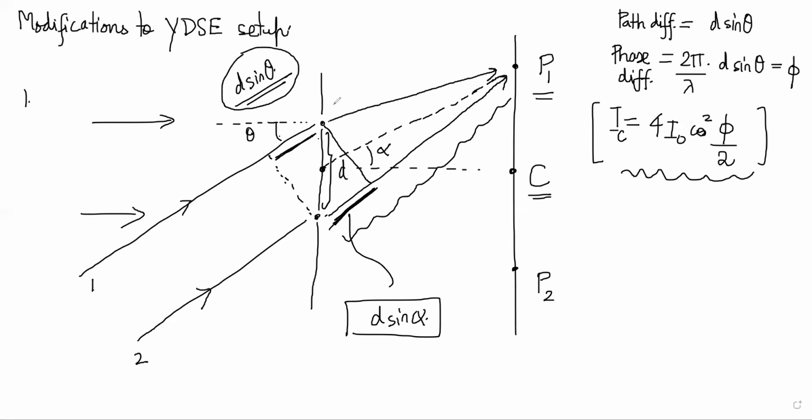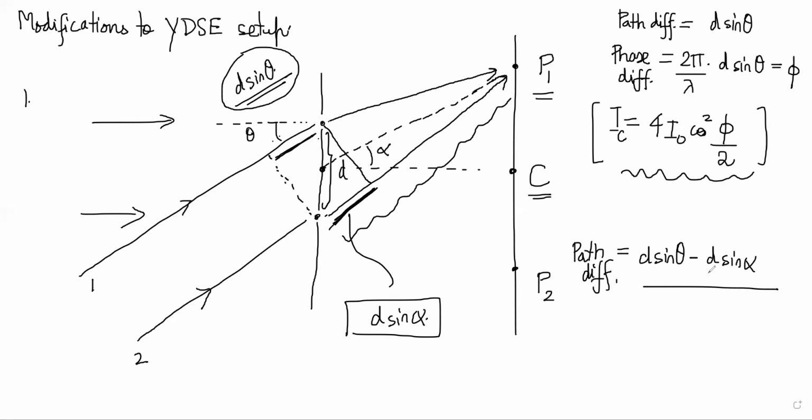Now, the first ray is covering some small distance, and the second ray is covering a greater distance, right? So you have to take into account both the path differences. Technically, here this was longer, here this is longer. So effectively, d sine theta minus d sine alpha is the path difference.